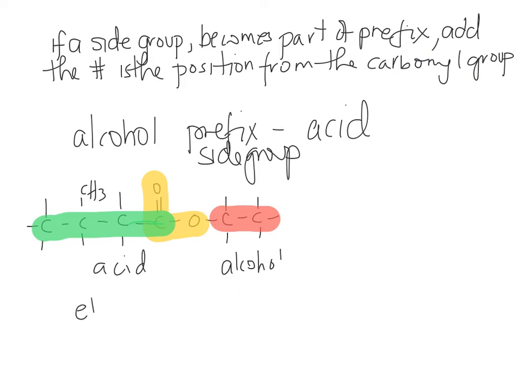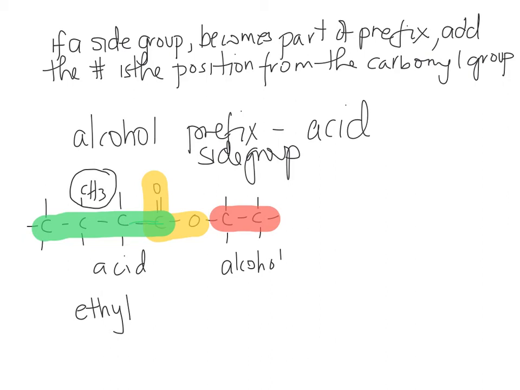There's 2 carbons, so this becomes ethyl. There's a side group on the acid portion, and it's a methyl group, so that comes next, including which carbon it's on, because it could be on 2 different carbons. It could be on this carbon, or it could be on this carbon. So we have to identify which one it is in this case.